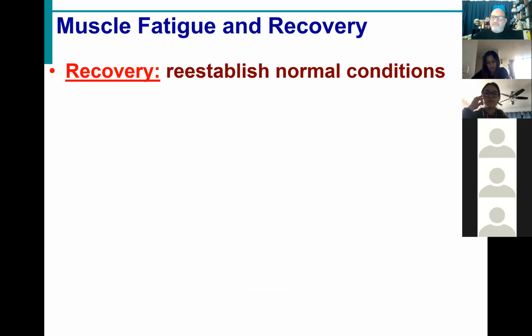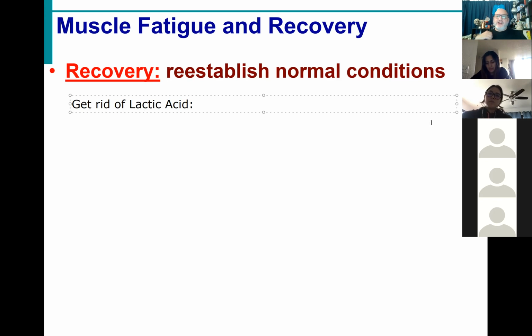Now, there are 2 main things we need to do this. One of them, as was mentioned, is to get rid of that lactic acid. As we mentioned, it is toxic to the muscle cell, so we need to get rid of it. And there are basically 2.5 main ways we do this.